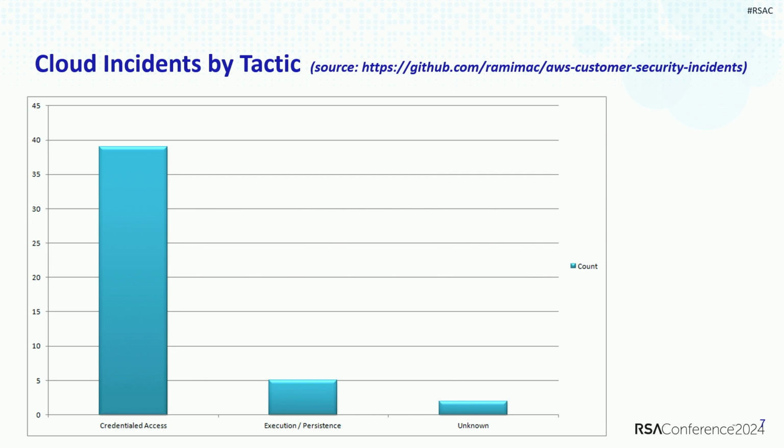That's not to say that there aren't some traditional exploitation, execution, persistence cycles on virtual machines as well. But in the customer reported incidents, credentialed access is much more prevalent, either because it's easier to execute or it's simpler to operationalize for threat actors or for whatever reason.